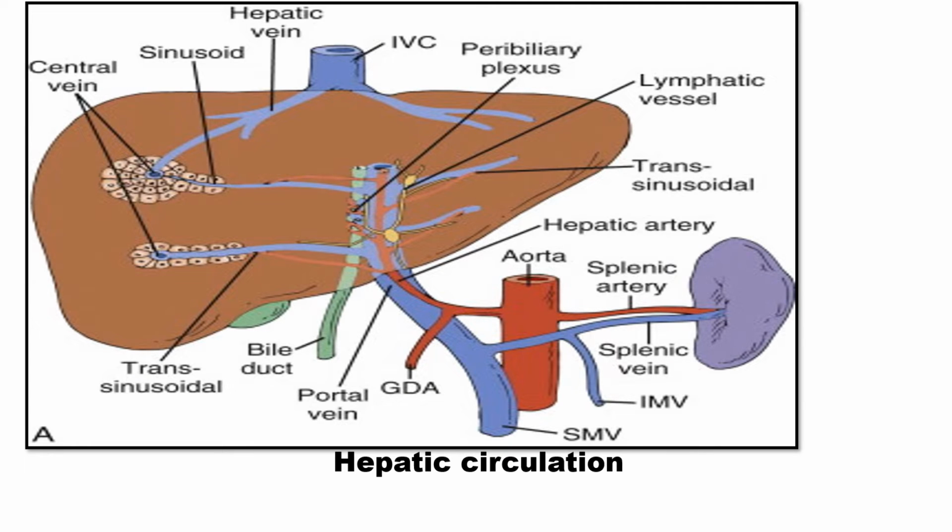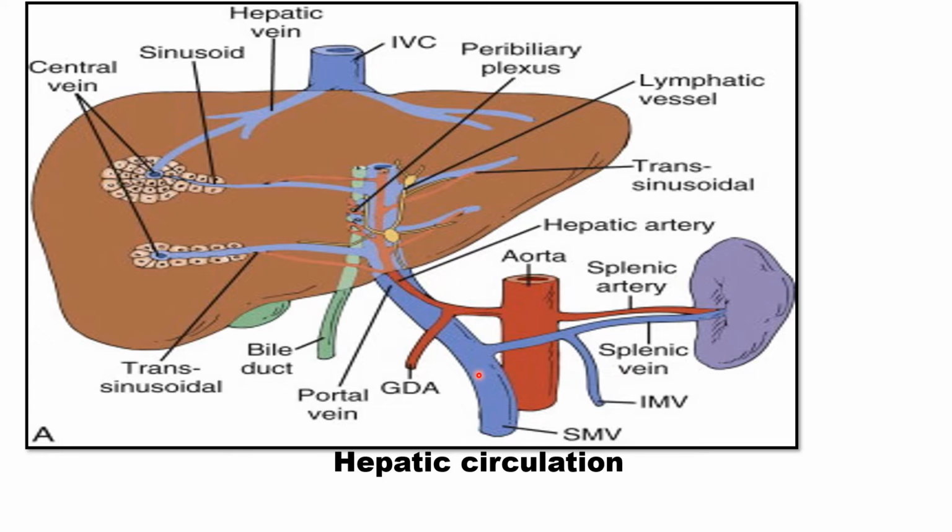Alright, so this is the hepatic circulation. The liver is supplied by the hepatic artery as well as the portal vein. This thick blue vein is the portal vein, and how is it formed?